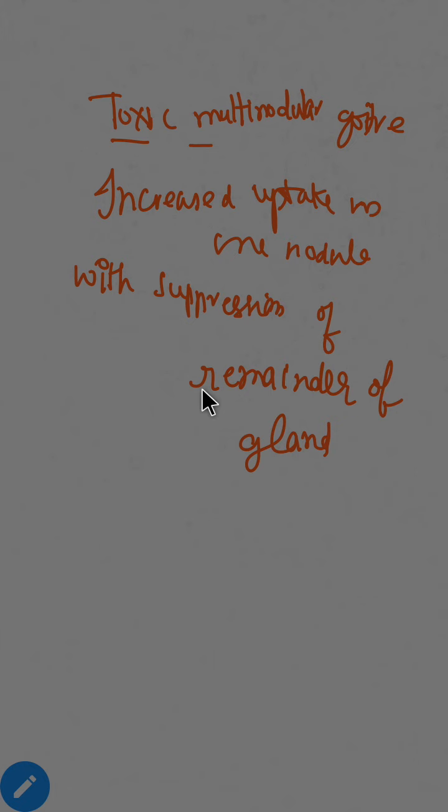This is how toxic multinodular goiter takes radioactive iodine.